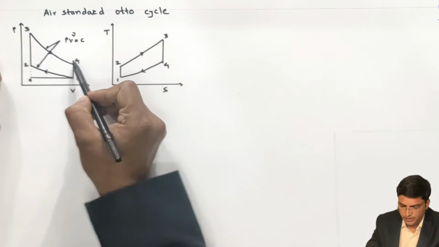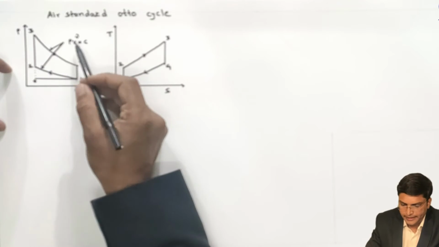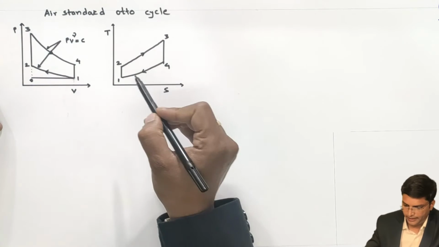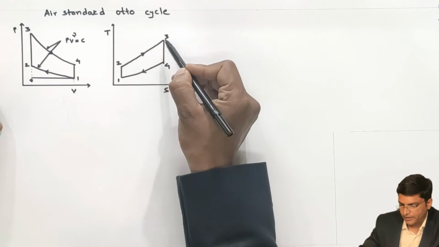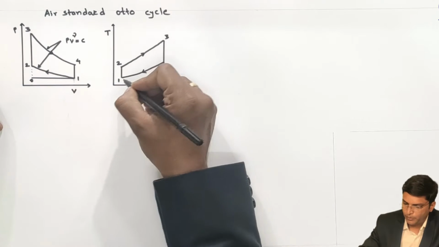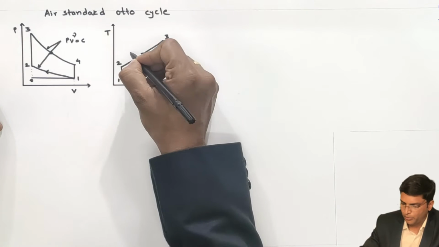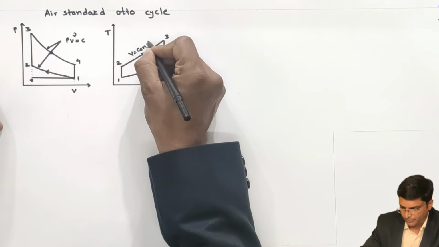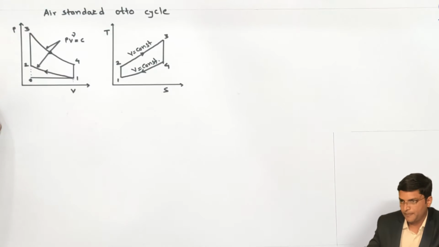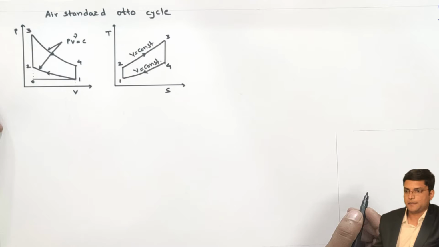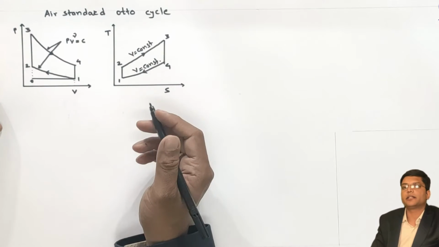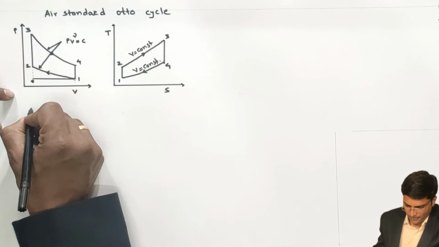Now here in this graph, heat addition takes place at constant volume, and in this TS figure the cycle is shown by 1, 2, 3, 4. Here from process 2 to 3 and from process 4 to 1, volume remains constant. Now we will illustrate this cycle for the air standard thermal efficiency of the Otto cycle.